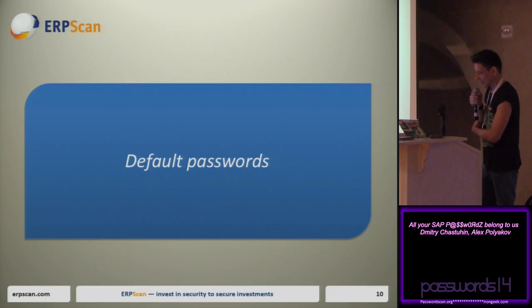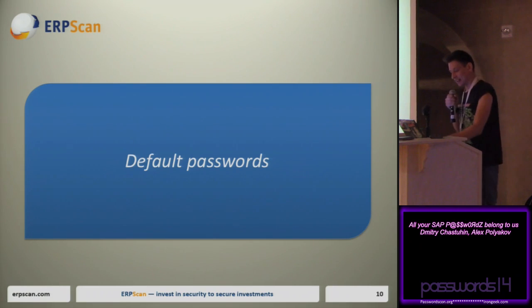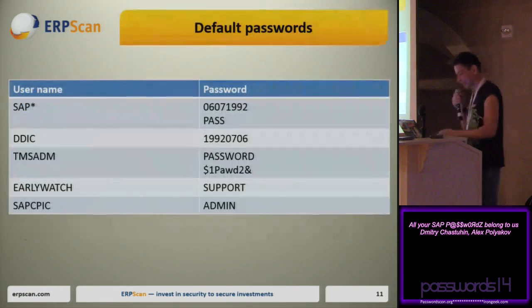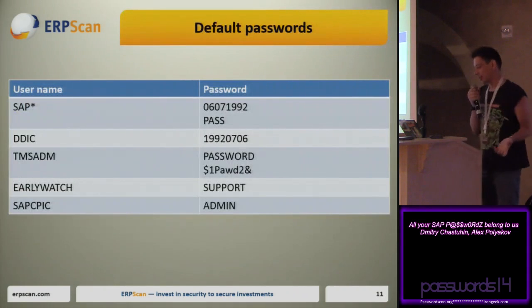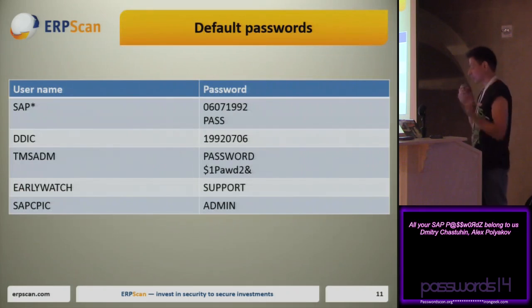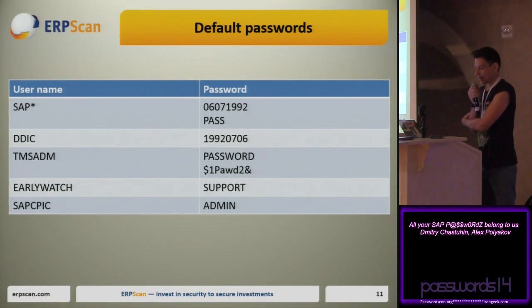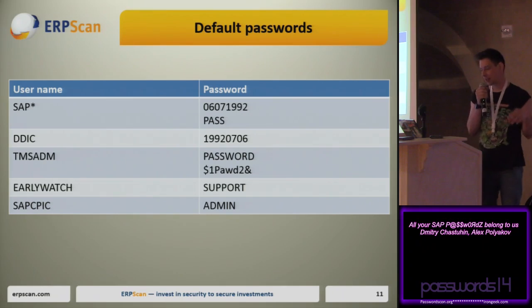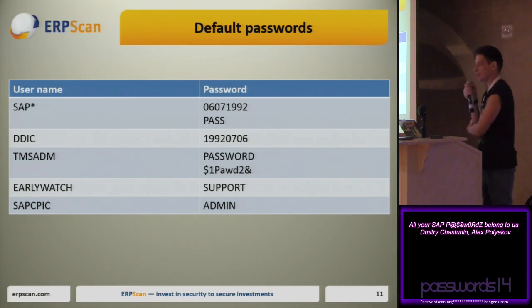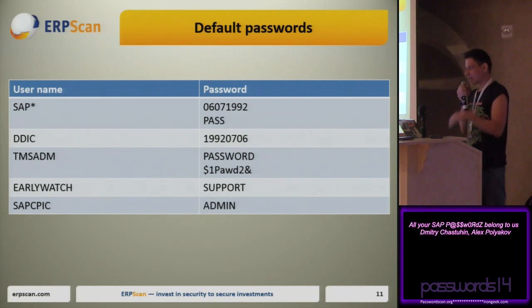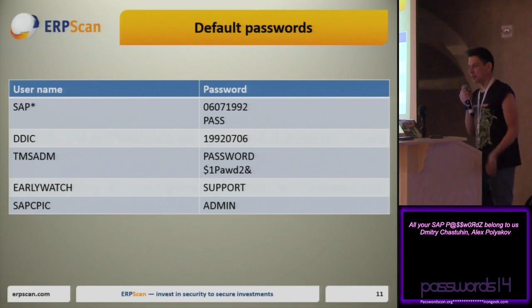I can start. Okay, the first area, default passwords. Everybody knows SAP has default usernames and passwords. They are on the slides, but the problem is that SAP administrators change these default passwords on the main client, but they forget about other clients like 000 and 001 or 066.